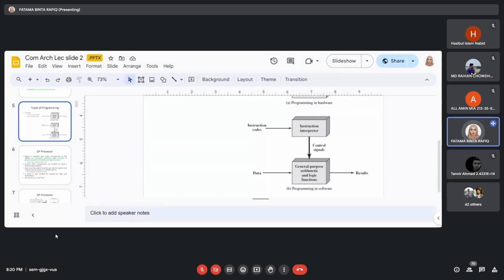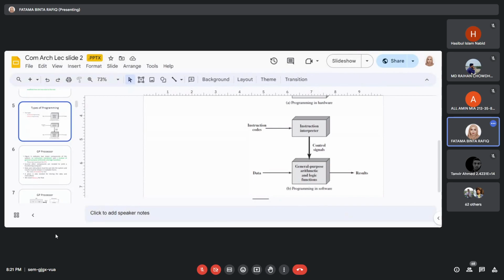So in hardware language, as it is working on each line at a time, it can run the program line by line. That's why if there are any mistakes, they can be found quickly. That means you can know the mistakes in one line for each run.